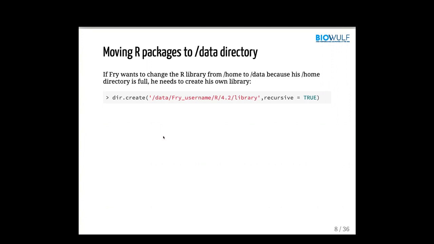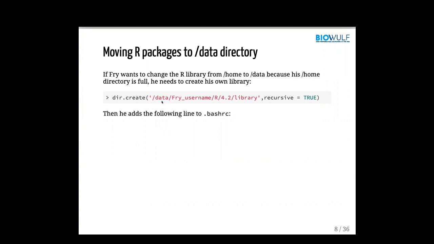As I told you earlier, your home has 16 gigabytes of storage, and it is not expandable. For most of the time, it's fine because most R packages are small. However, occasionally the library will include some big database like UCSC genome, and it could easily fill up the home directory.